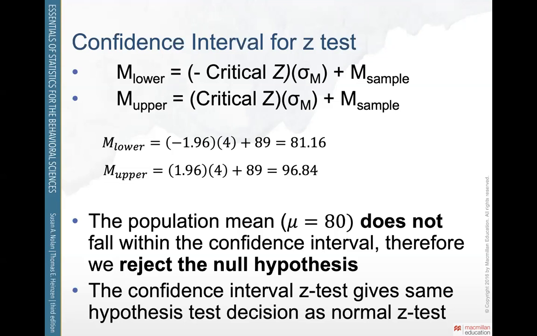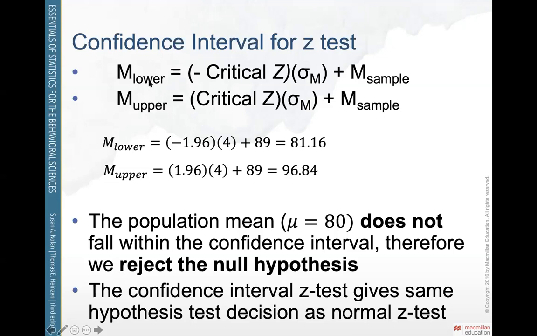And so it's really important to remember that when we're calculating a confidence interval, we will be using the critical z's. And so if we're doing a 95% confidence interval, which is what we'll be doing almost entirely in this chapter, this z will almost always be plus or minus 1.96. And that comes from the fact that when you're doing a two-tailed test with alpha equals 0.05, the critical z is plus or minus 1.96.